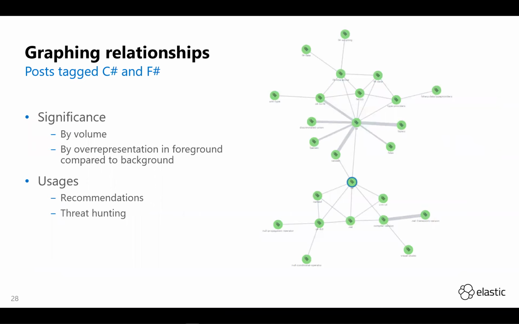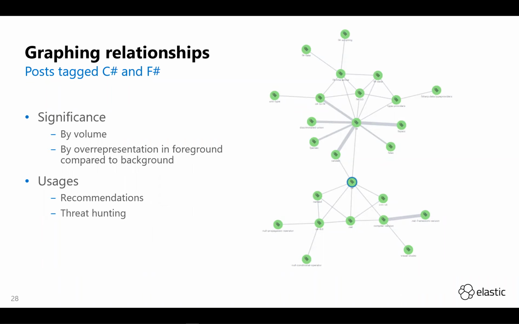And then finally, we did look at graphing the relationships between tags. So these are inferred relationships between fields within the documents to understand those that are significant relationships, or those that are simply a large count overlap between those particular fields within those documents.